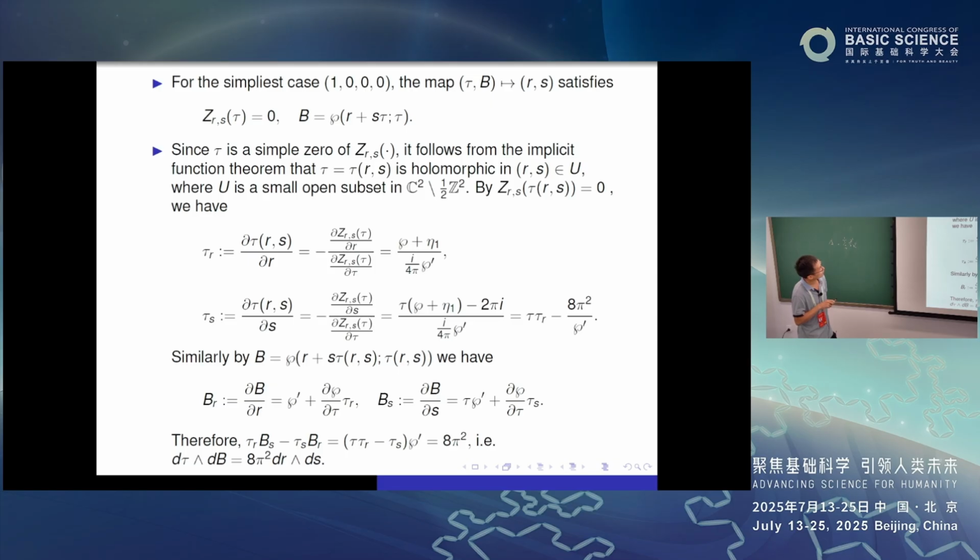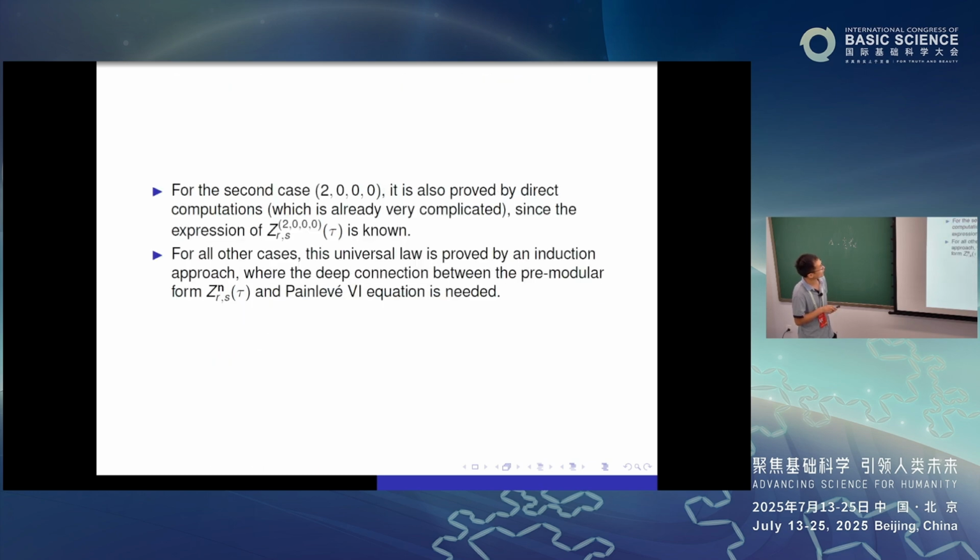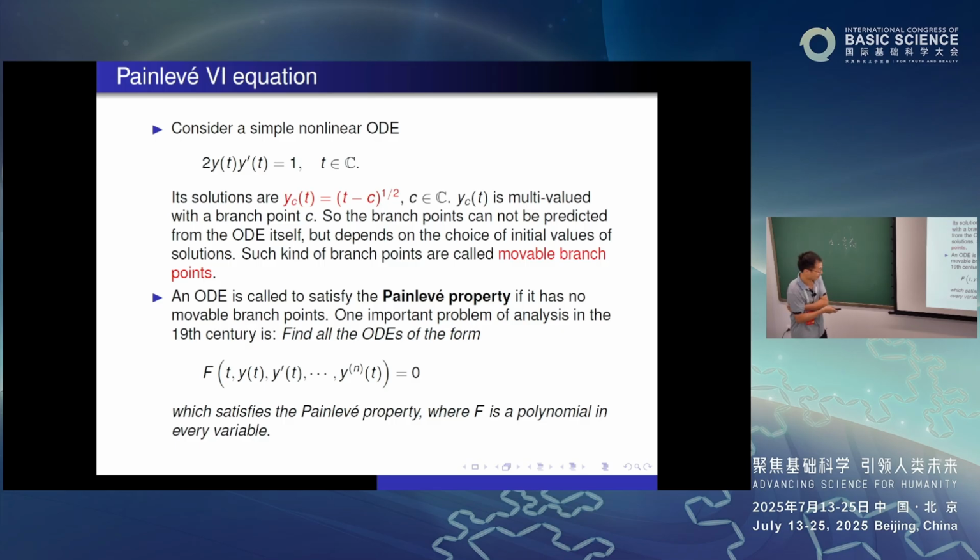For the simplest case, this universal law can be proved by a direct computation. For the second case, it is also proved by direct computation, although the computation is already very complicated. But for all the other cases, we prove this universal law by an induction approach, where we need to use the Painlevé VI equation. So let's now introduce the Painlevé VI equation.